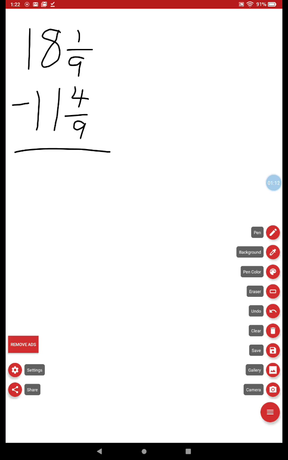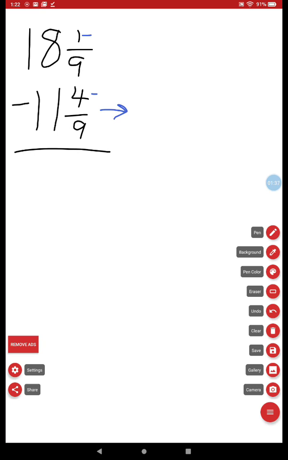I've already got 9ths as my denominator, so I don't need to change that. But can you take a 1, subtract 4? Don't say 3, don't say 3. That would be 4 subtract 1. 1 subtract 4, no, so I need to borrow. Well, how do I borrow when I'm working with fractions? I have to regroup.